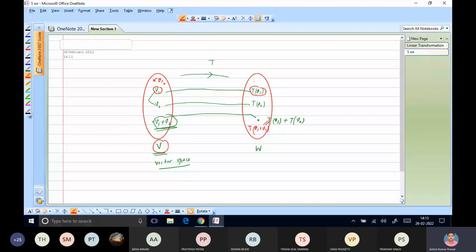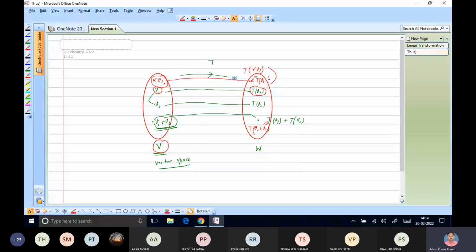So alpha times TV1 will be an element of W. The second property says that the image of alpha V1, which is T of alpha V1, should be equal to this element, alpha times TV1. Is it clear?